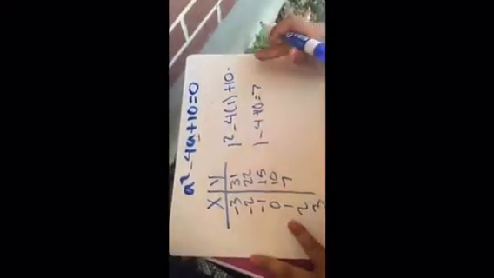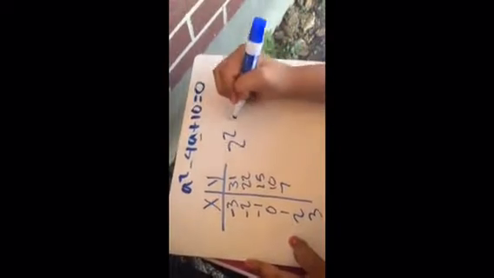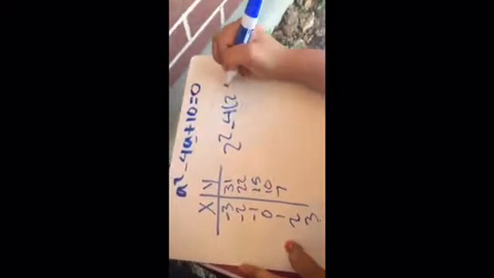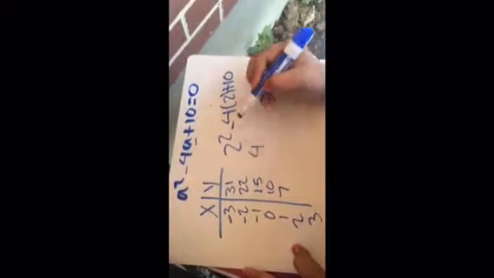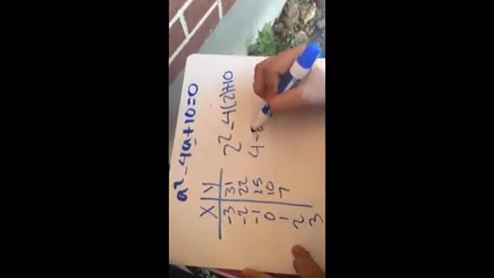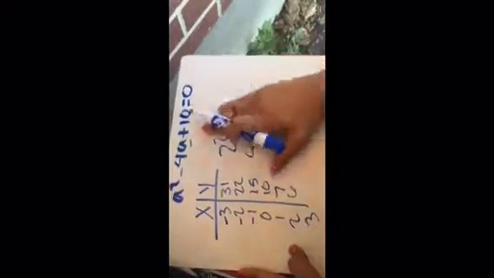That would equal 7. Now we have to plug in our 2, so 2 squared minus 4 times 2 plus 10. 2 times 2 equals 4, negative 4 times 2 equals negative 8 plus 10, and that would equal 6.